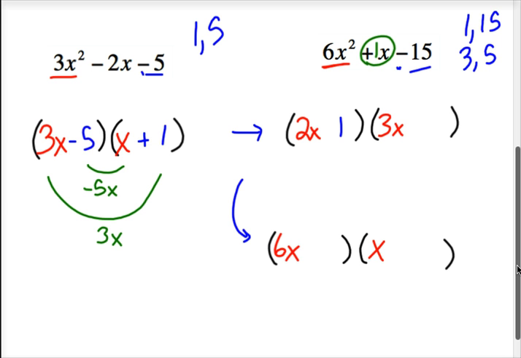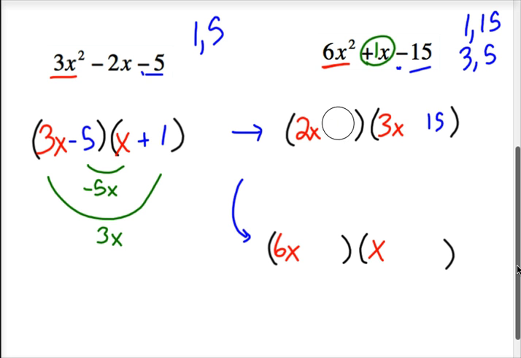So I'm going to put in 1 and 15. So I get 3x and I get 30x. So even if I make one of those numbers negative, all that means is I'm either getting a 27x or a negative 27x. It is not giving me the 1x that I am looking for.